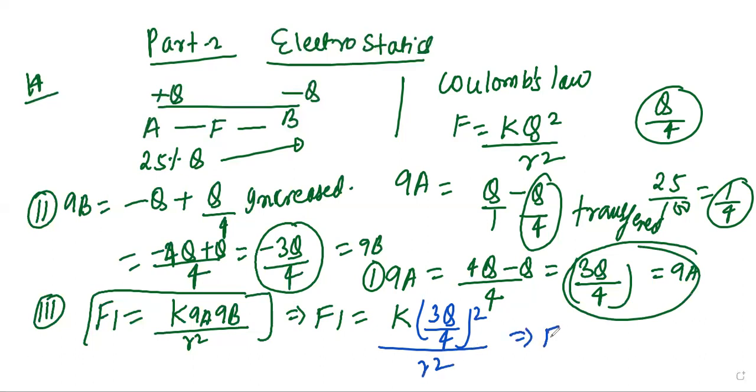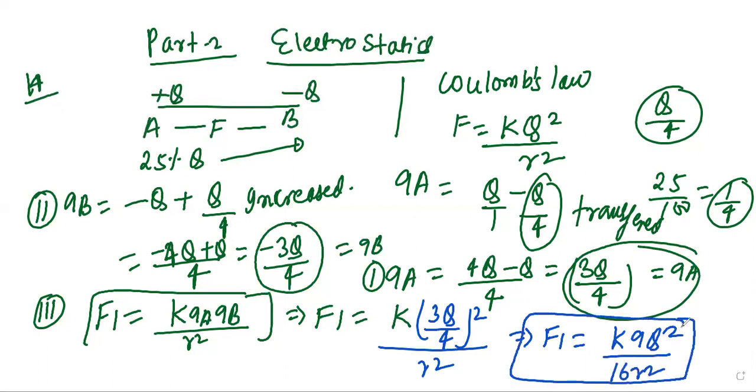So F1 will become K 9Q square upon 16R square, so it is 9 upon 16 into F.